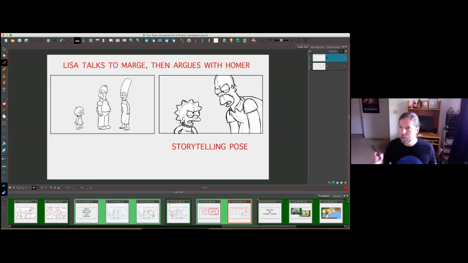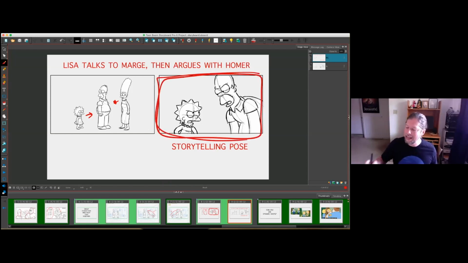It might be much better to have Lisa and Marge talk over Homer, since that won't be blocking the composition, but you can then cut in and have the important part of the sequence, the storytelling pose, be clear in its staging and effectiveness and readability.